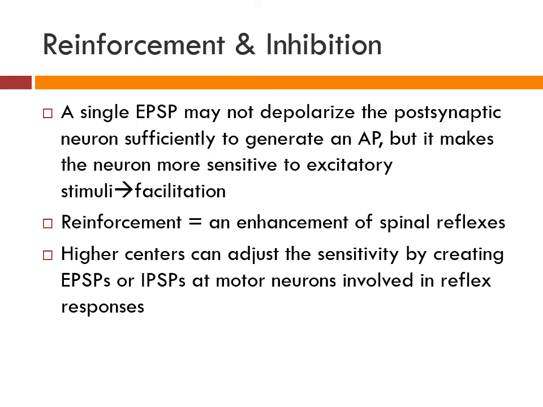So a single excitatory postsynaptic potential can bring that neuron closer to its threshold potential so that another smaller depolarization can create that action potential. So that is called facilitation. Reinforcement is the enhancement of a spinal reflex, and inhibition would be the inhibition of a reflex like we just talked about in the last slide.